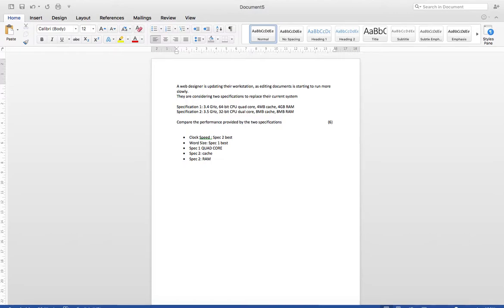Now this is a strange one to mark because it's actually a rubric, and in order to achieve top marks on it, you need to demonstrate that you've got comprehensive understanding and knowledge of the key concepts to support the discussion that you're presenting. You need to have a sustained line of reasoning.